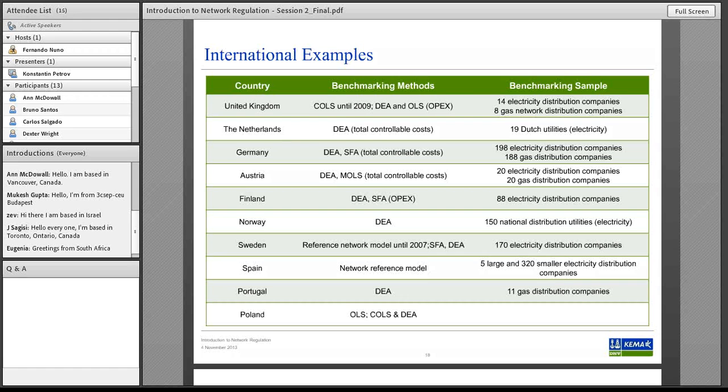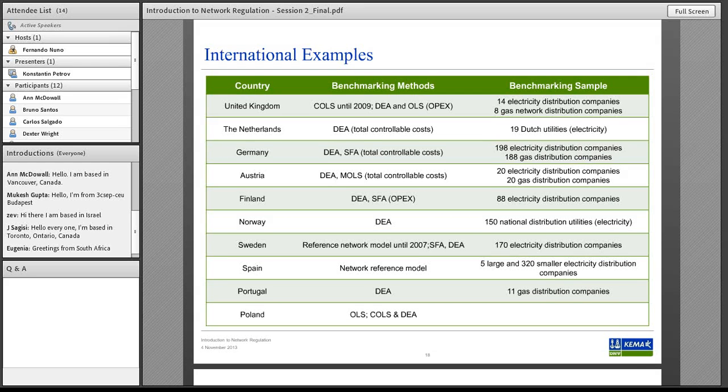You can see also the parametric models with different specifications, such as COLS, but also stochastic frontier used in different countries. And you can see also the combination I mentioned, for example Germany and Austria, using two types of models, one parametric, one non-parametric. Germany went even a step further.